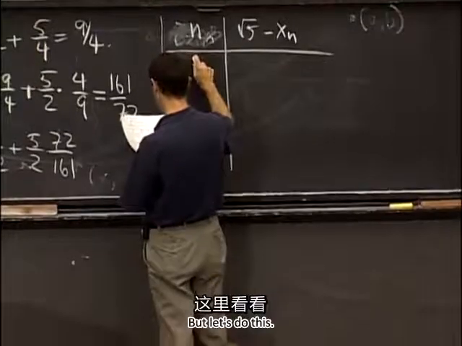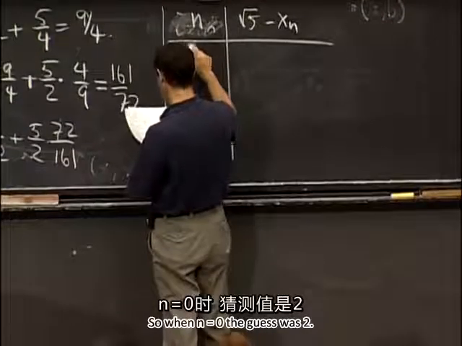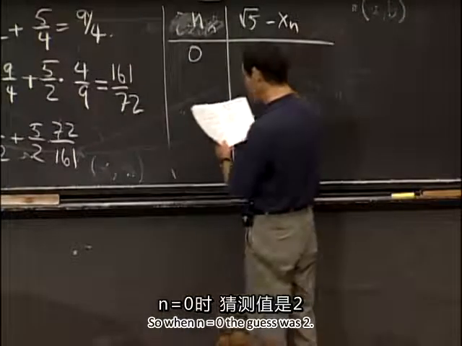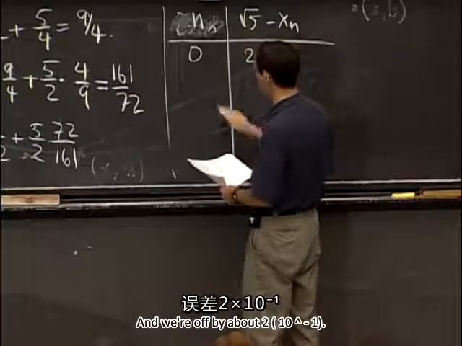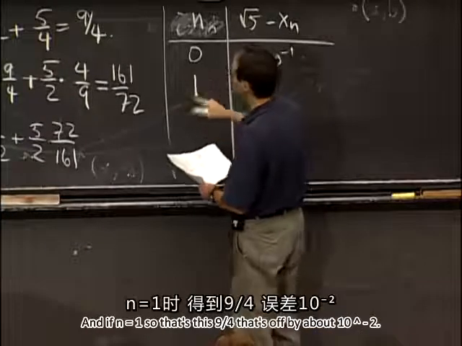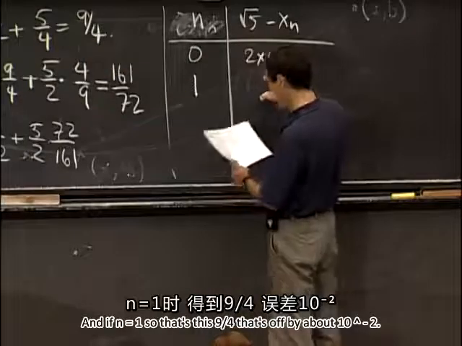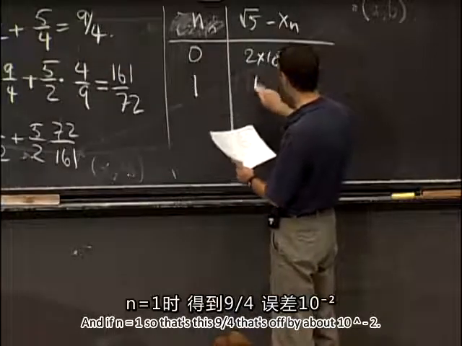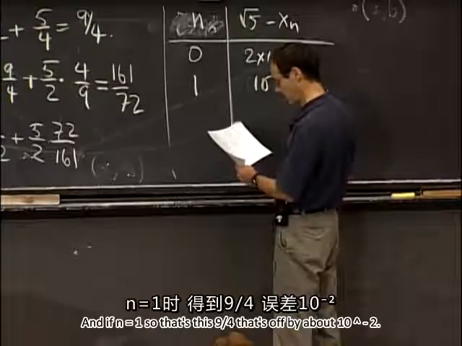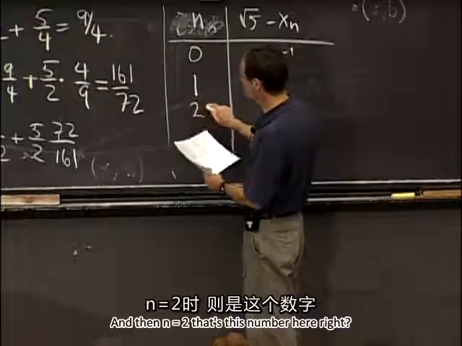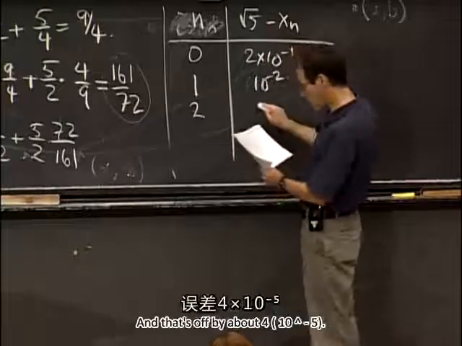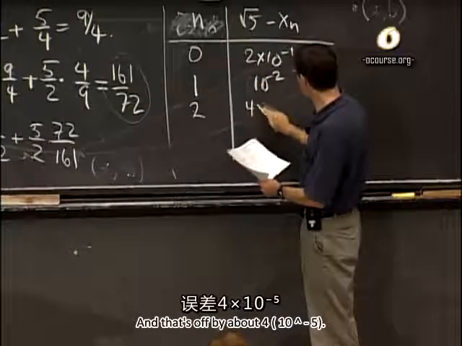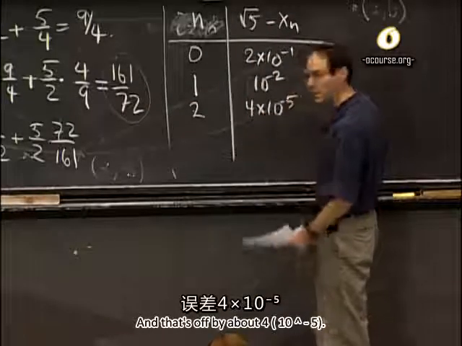But let's do this. When n is equal to 0, the guess was 2, and we're off by about 2 times 10 to the minus 1. If n is 1, that's this 9 fourths, that's off by about 10 to the minus 2. And then n is equal to 2, that's this number here, and that's off by about 4 times 10 to the minus 5.